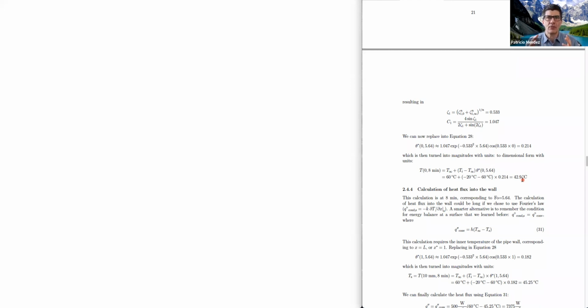We arrived at this first by thinking a little bit intuitively, knowing whether it's lump capacitance or not, whether the convection of the fluid is very intense or not.